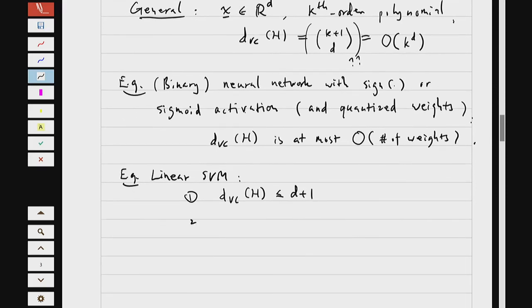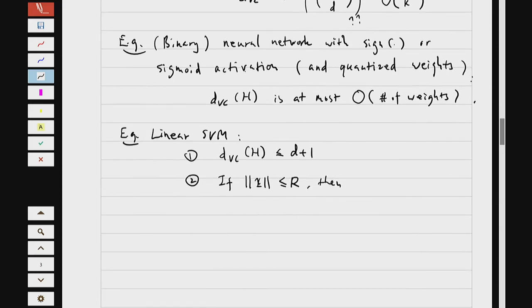And secondly, in the textbook, there's also an argument that if the data points are always bounded by R, then the VC dimension is upper bounded by the ceiling of R squared over gamma squared, where gamma is the size of the margin.